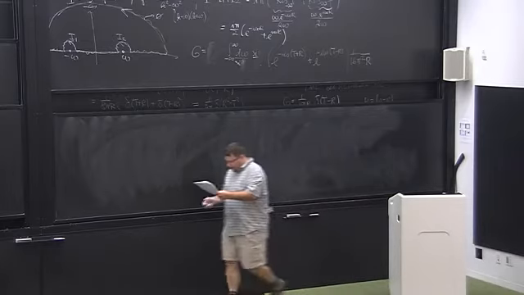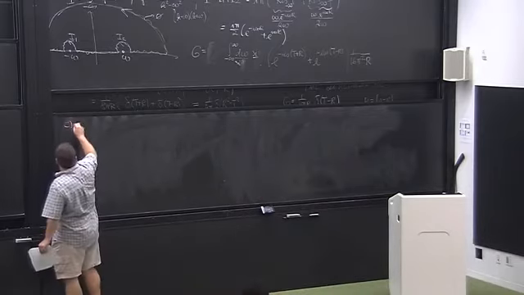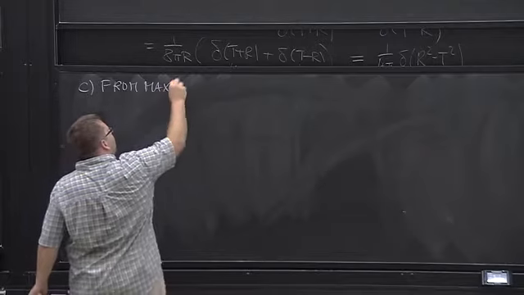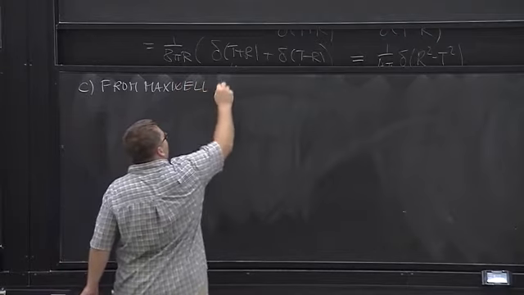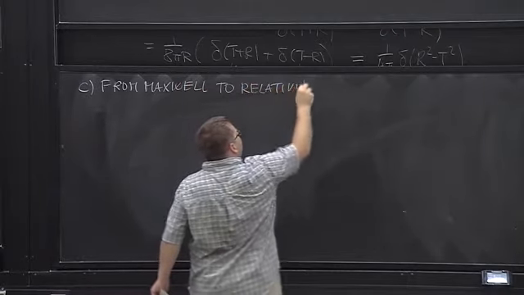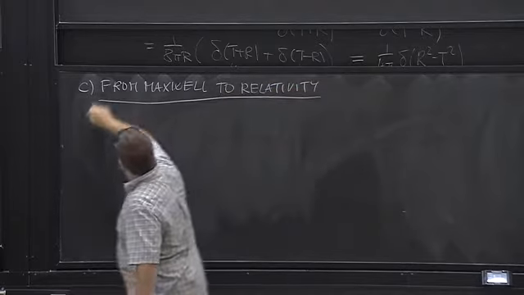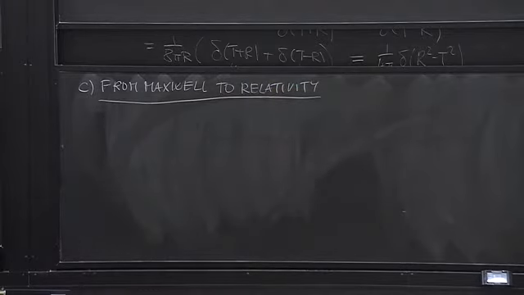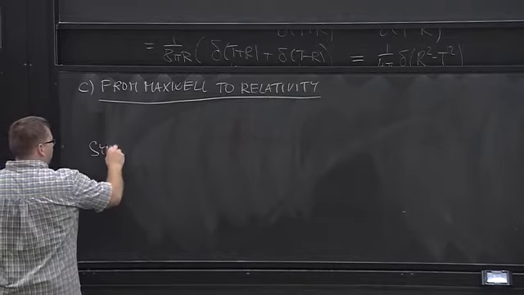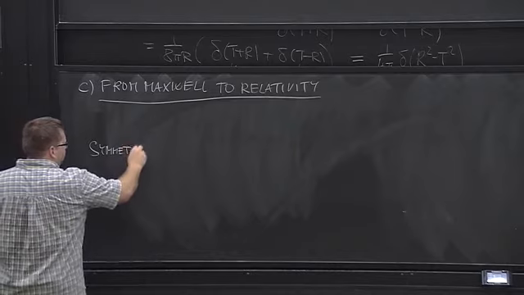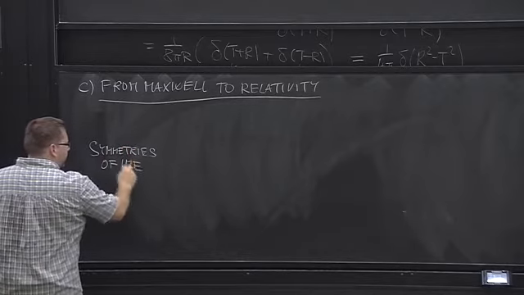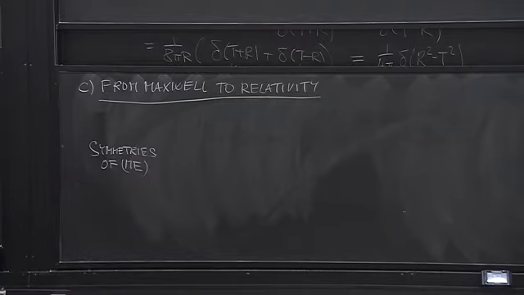All right, so part C: from Maxwell to relativity. Let me briefly mention what symmetries you have, the symmetries of Maxwell's theory.